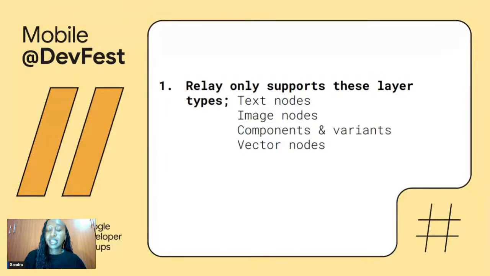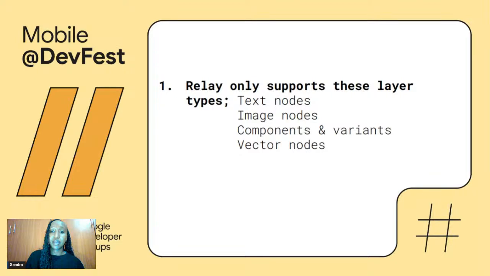It only supports very few layer types like text nodes, image nodes, component variants, and also vector nodes. By variant, it's like cloning a specific style in Figma instead of copy paste.